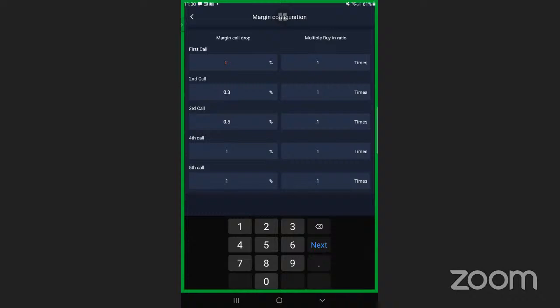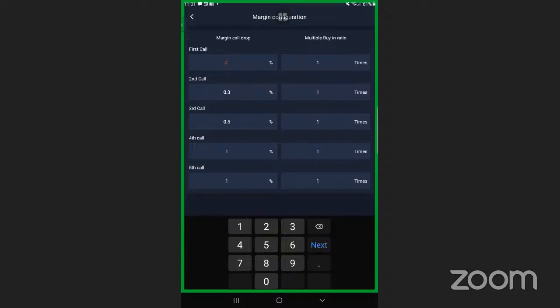You cannot put a margin call drop less than 0.1. Even 0.1 it is accepting, but if it is only 0, it will give you a red flag. Let's try 0.01. Can you see that one is giving you a red flag? It means the robot cannot accept this. But if it is 0.1 like this, it will allow.